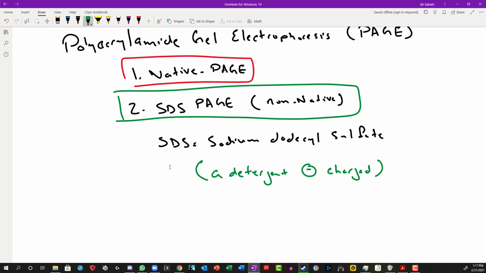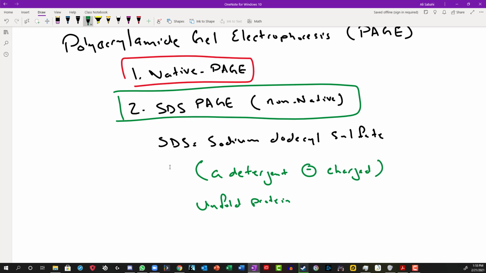Okay? Now what does SDS do? SDS will unfold the protein, in essence, linearizing it. So no matter the protein, whatever size it is, the polypeptide chain will be unfolded. Any dimers, tetramers, etc., meaning protein complexes that are held together by non-covalent means through weak interactions, those will be disrupted too.